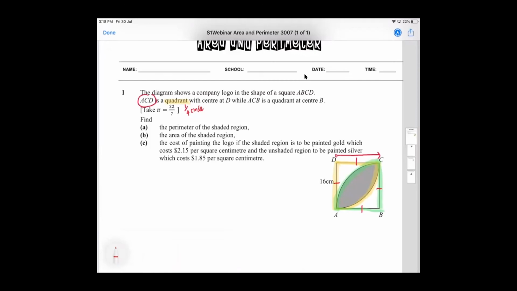Similarly, quadrant ACB has radius BC or AB. Because all four sides of a square are equal, both quadrants actually share the same radius.